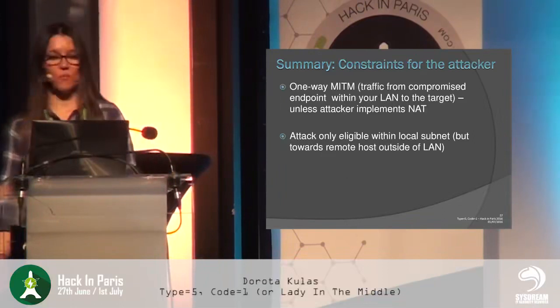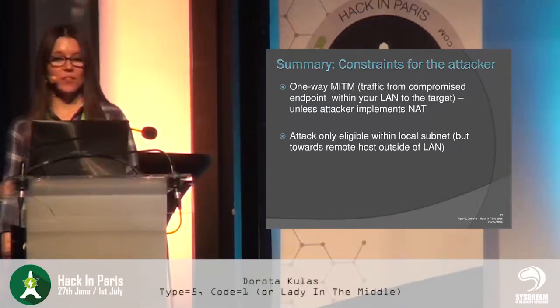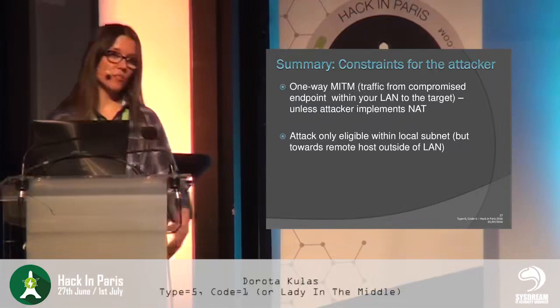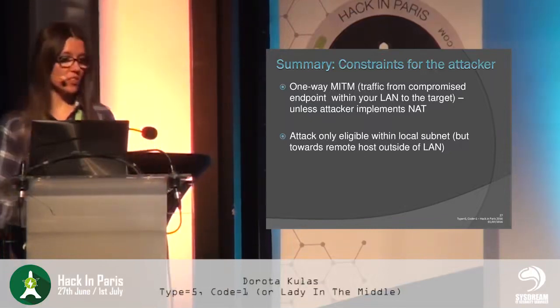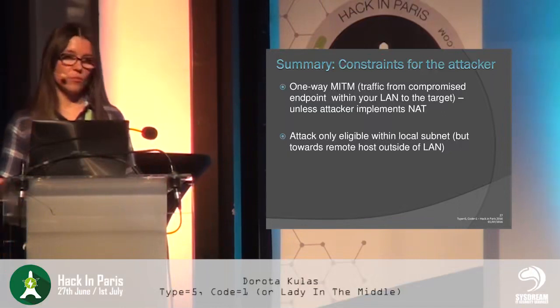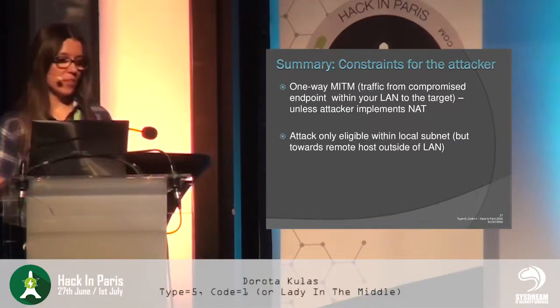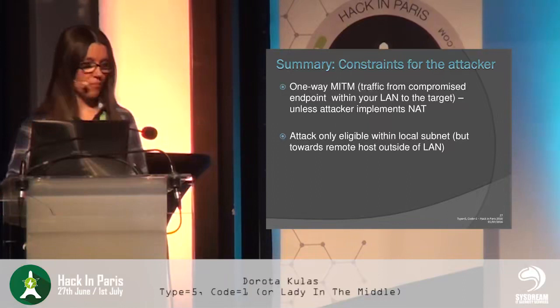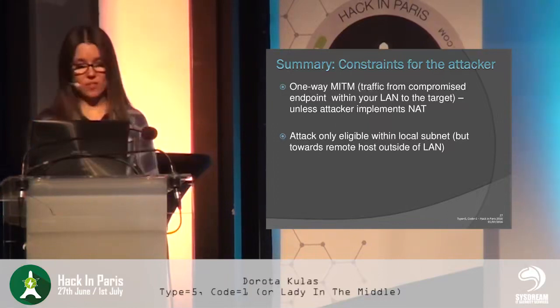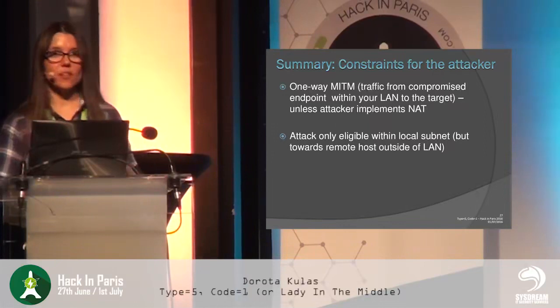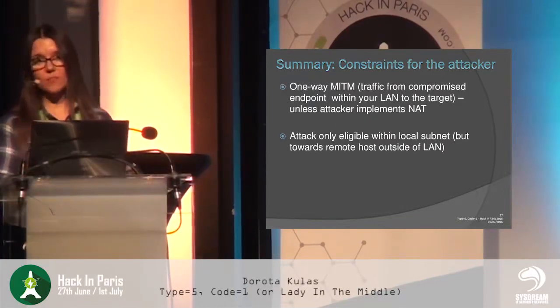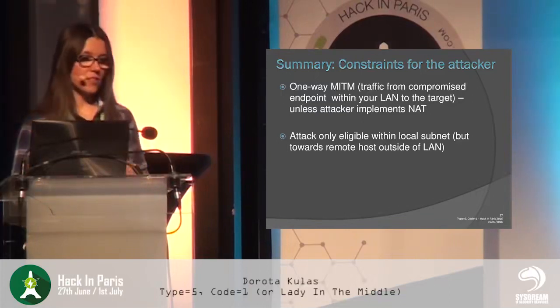Constraints. So this is one way, man in the middle, but you can overcome that by doing network address translation, and you have to be, as an attacker, on the same subnet as your victim. But it's towards the remote host, and in comparison with ARP spoofing, at first you just send 2 packets instead of constantly poisoning the ARP routing table.